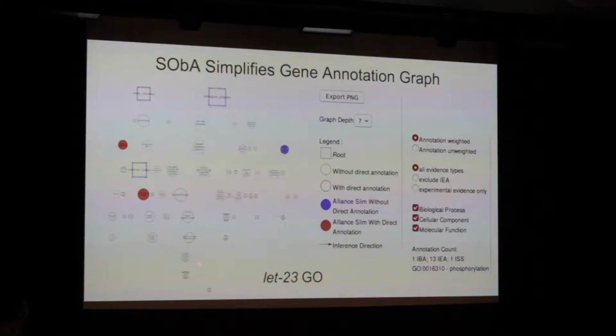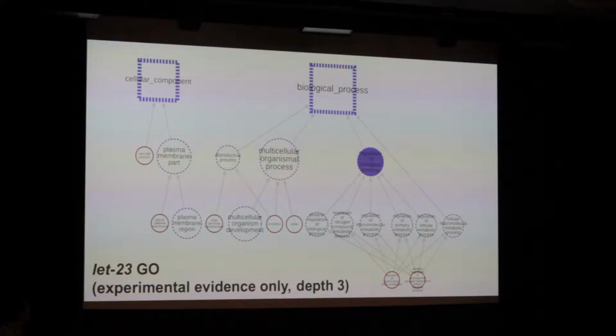The deeper you go, the more detailed the annotations shown. Here's an example of such restrictions: the lat-23 GO graph again, but this time we apply a filter so that it only shows experimental evidence annotations, and we limit it to a depth of 3.